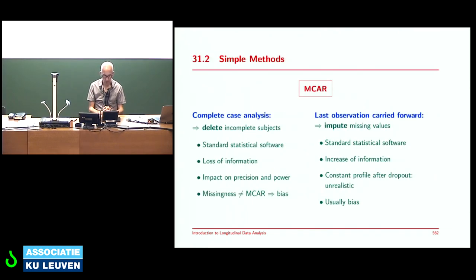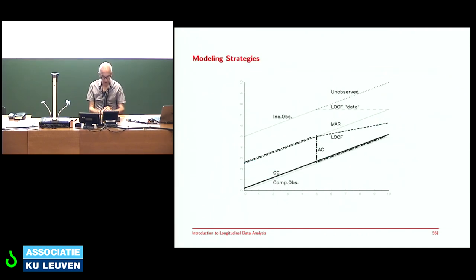Okay, so the simple methods. In summary, the complete case analysis is valid under MCAR. Last observation carried forward is not even correct under MCAR, not usually. Why? Well, basically, if you go back, we say, hey, under LOCF, suppose this is the true profile, but it's unobserved.